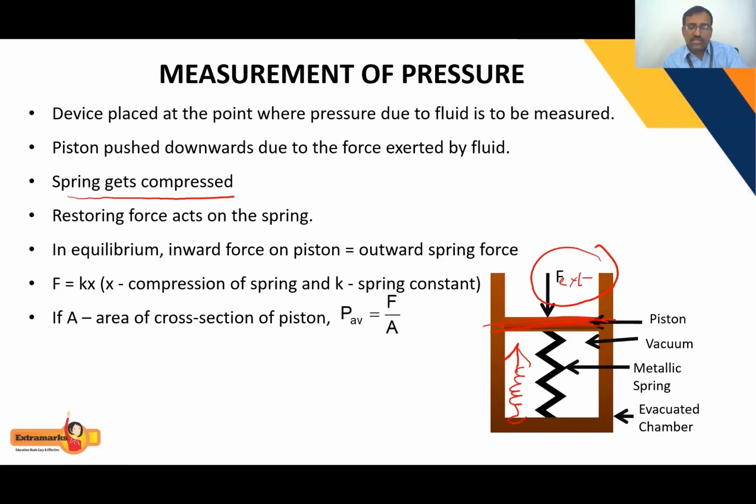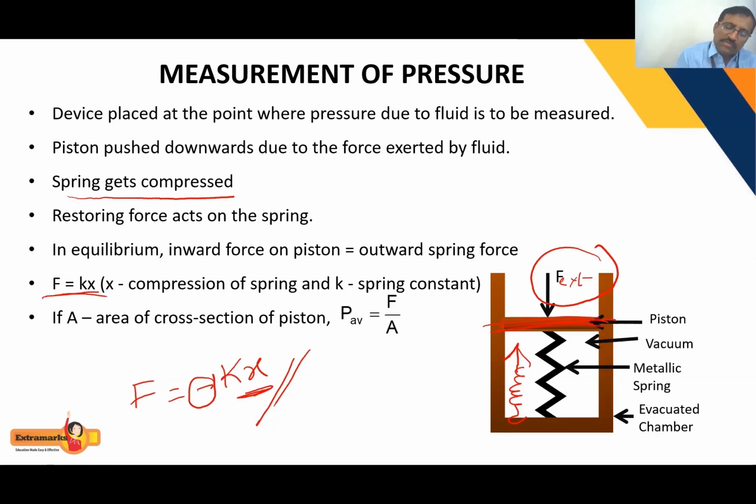That force is called the restoring force, which helps the piston to come out, also called the spring force. What does it mean? The spring force, you studied F is equal to kx in magnitude, but strictly speaking, F is equal to minus kx, that is, opposite to displacement. When I am pressing the piston down, the displacement is down, so the restoring force will be up, because the minus sign says that in physics it is in the opposite direction.